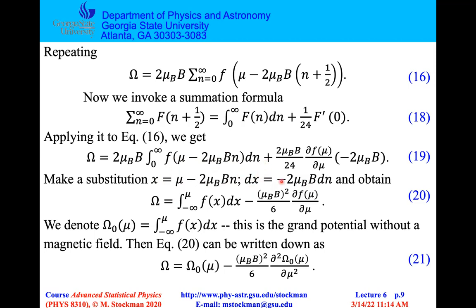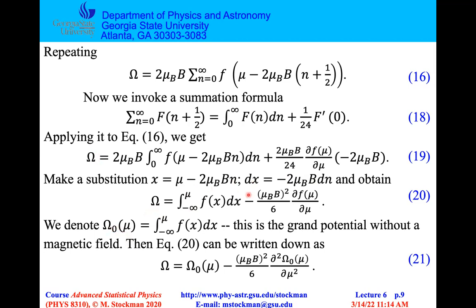This minus sign will exchange limits of integration. And the limits are the following. When n equals 0, x is equal to mu. When n is equal to infinity, x is minus infinity. So with this exchange of limits, the integral will be from minus infinity to mu. So this is the full expression of this potential.